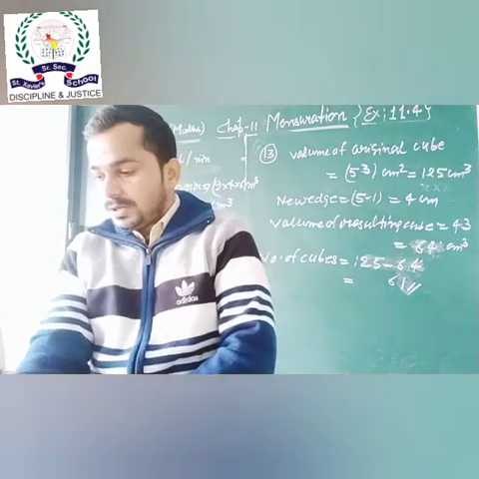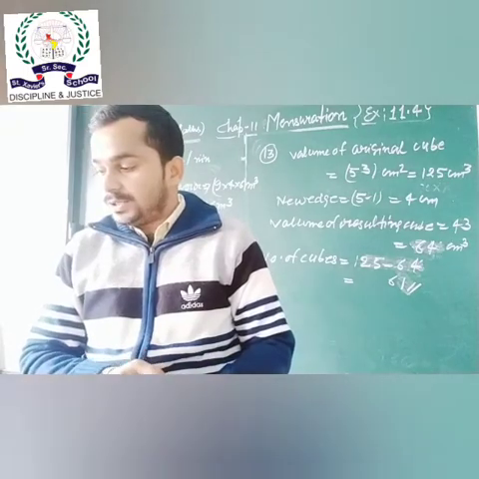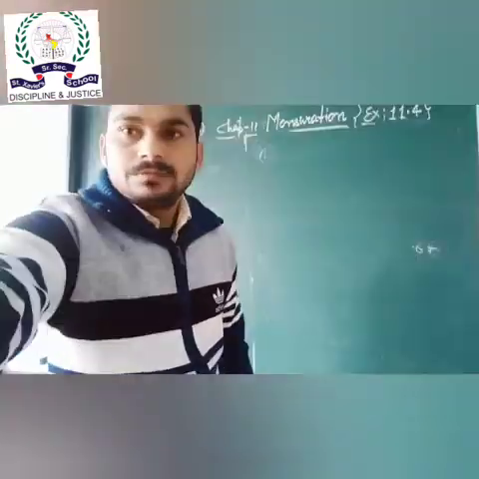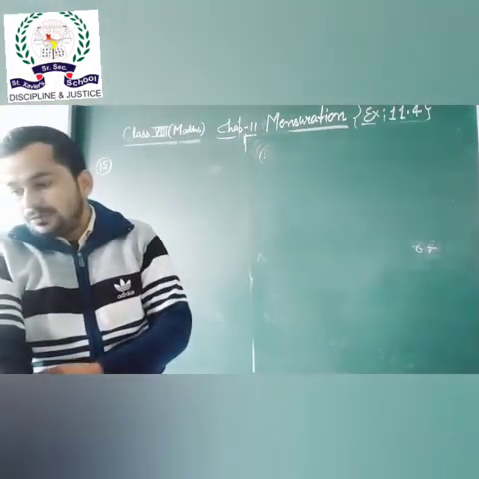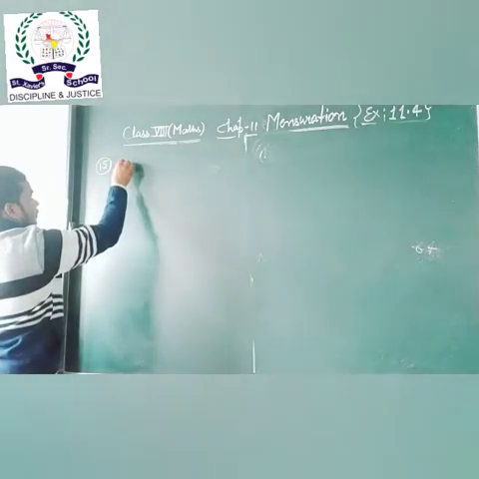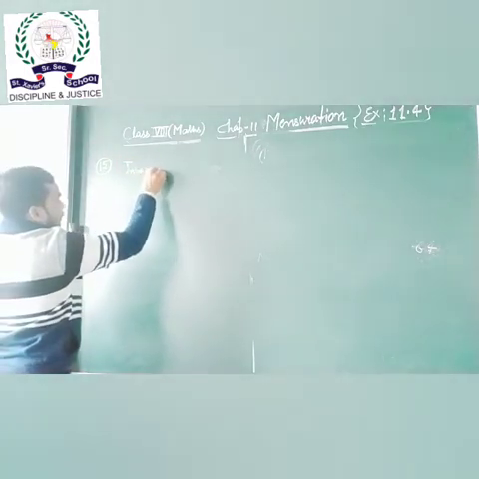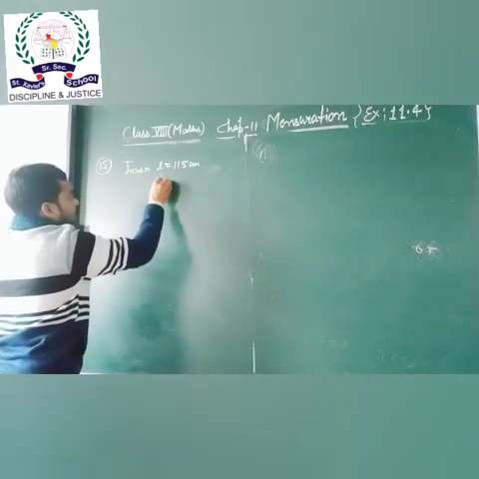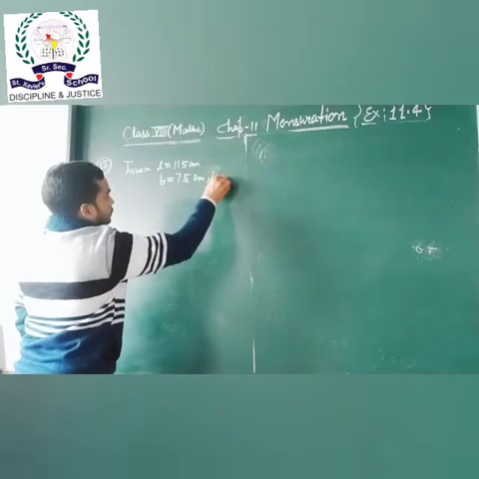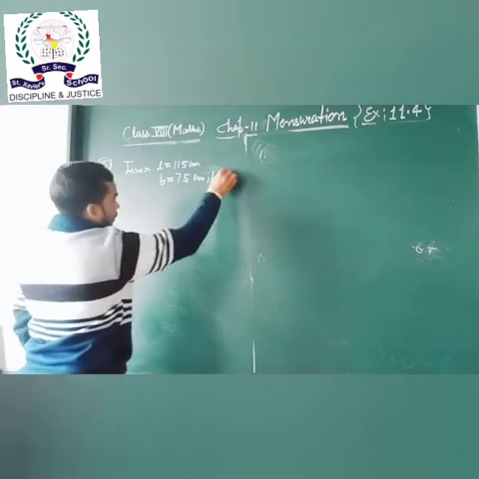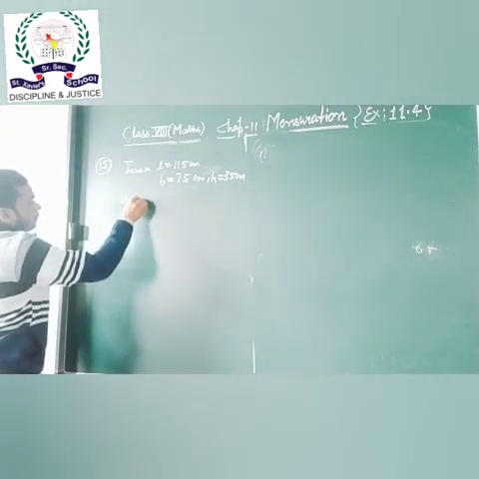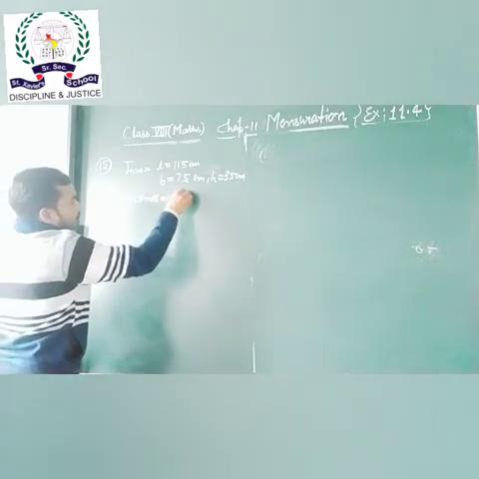Question number 15. A covered wooden box has the inner measurements given: length equals 115 centimeter, breadth equals 75 centimeter, height equals 35 centimeter, and thickness of the wood is given 2.5 centimeter.